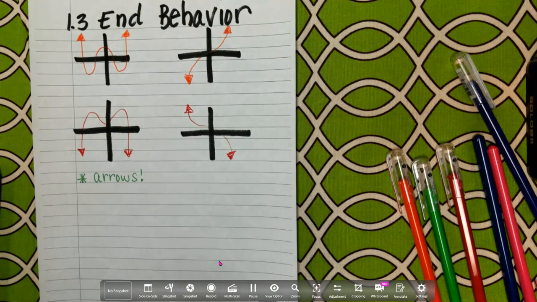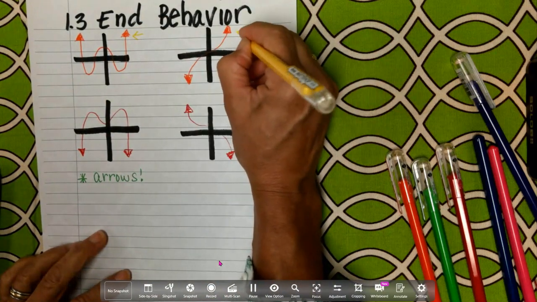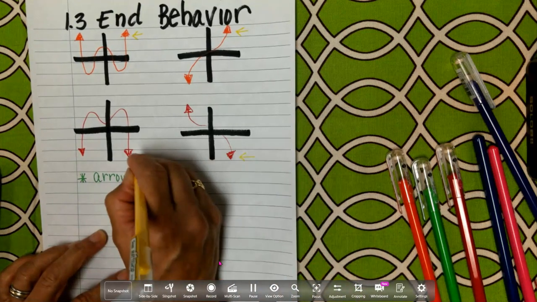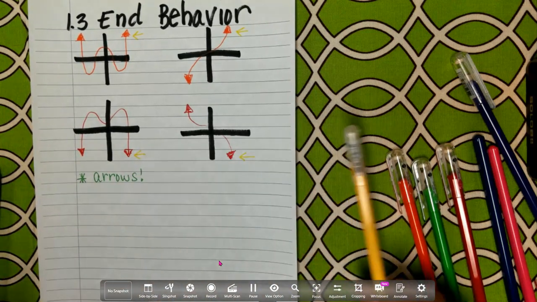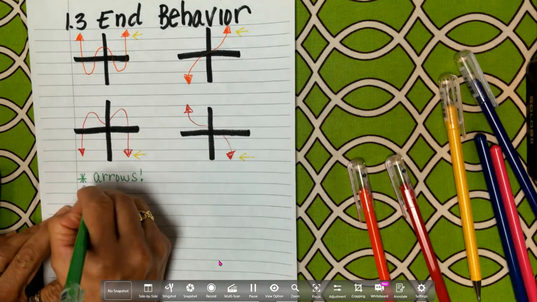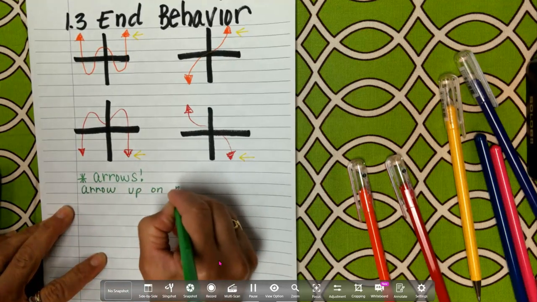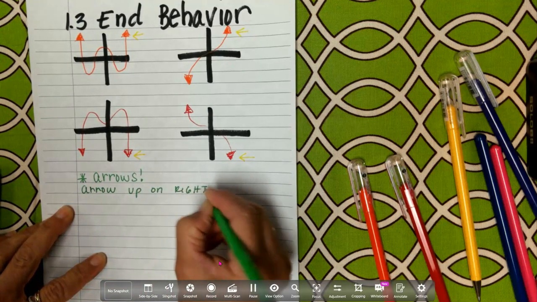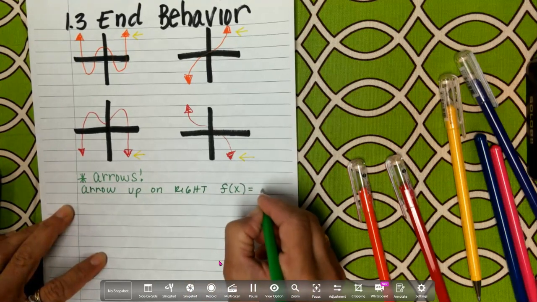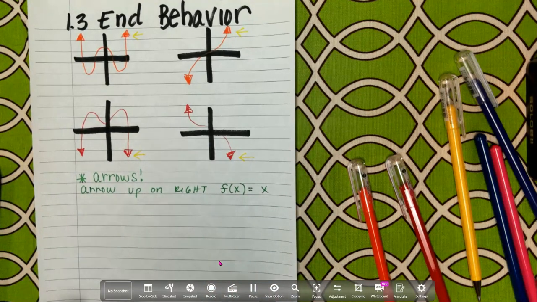I just know because of the arrow on the right side. Always the arrow on the right side. If you have an arrow that is up on the right, that function is positive. There is a positive leading coefficient there.